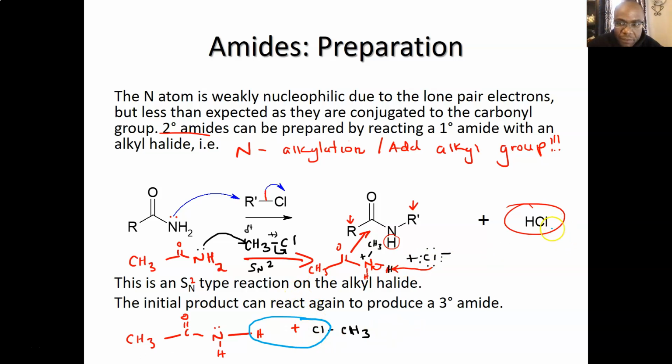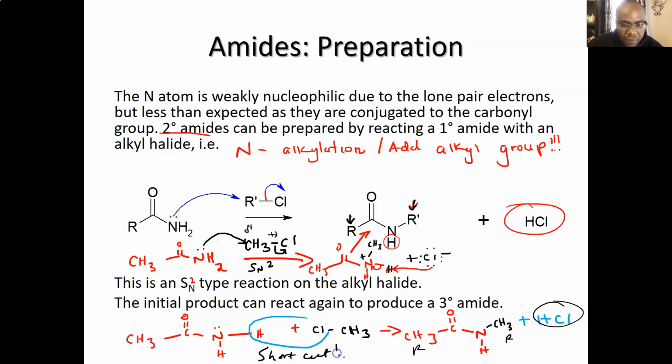So whatever I've circled will be lost as HCl, and then the rest clicked together. That is a shortcut that you can always use to get the product. So now your CH3 is bound. That's your R group, which is these two guys. Small molecule lost. Alright, exam shortcut.